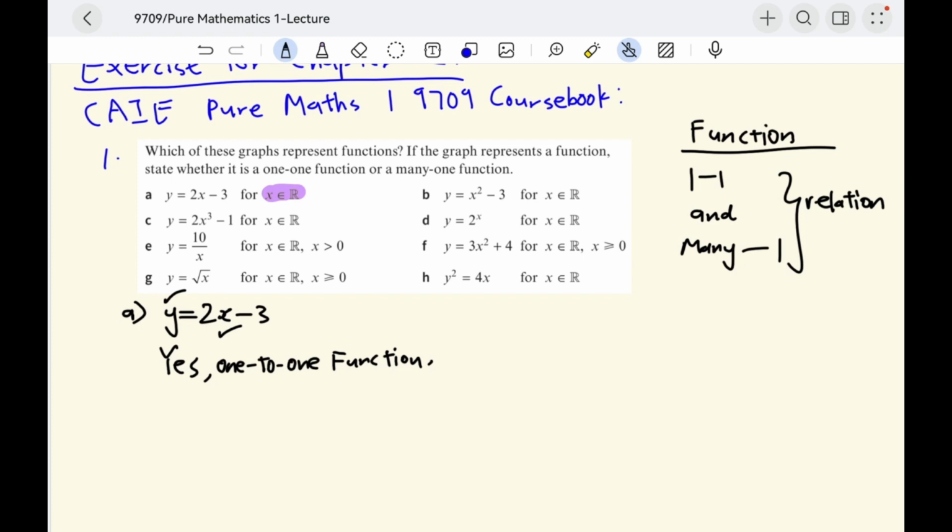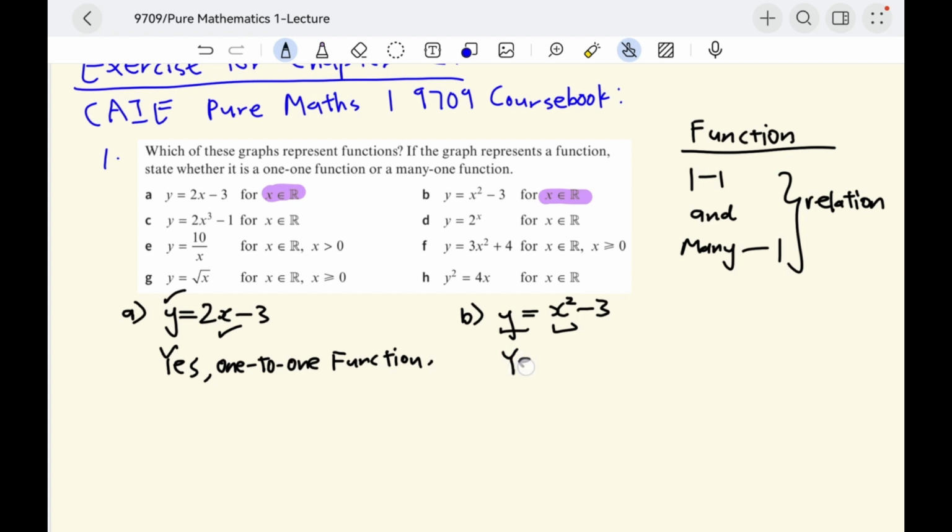Let's move on to part B. y equals x squared minus 3, for x a subset of all real numbers. Is it a function? Yes, because from x to y, two objects can have the same image.